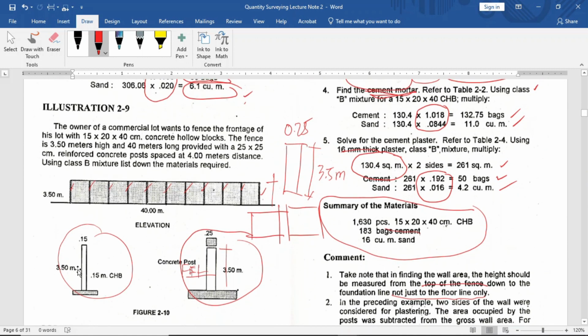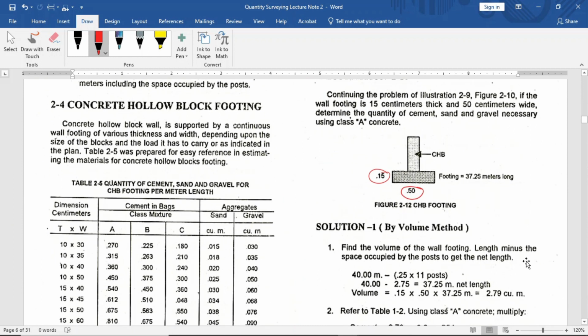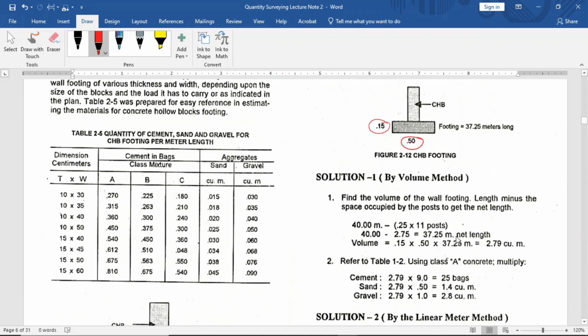So, 40 meters, minus 0.25, kasi ang dimension ng column natin is 0.25 meters, times 11, kasi 11 yung post natin. So, 40 minus 0.25 times 11. Ang sagot natin is 37.5 meters net length.